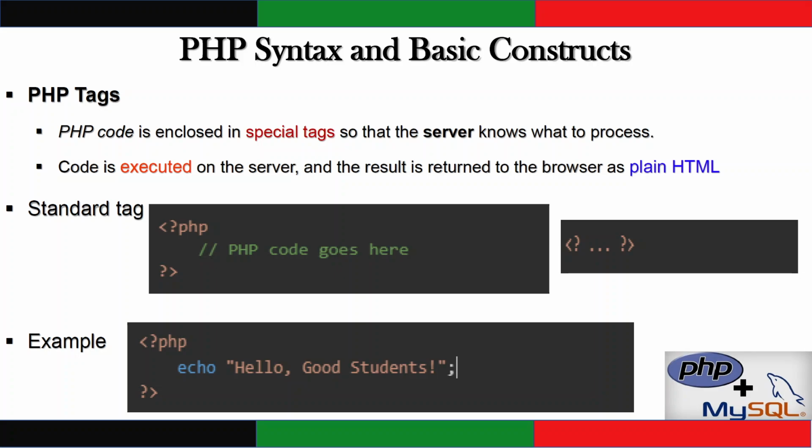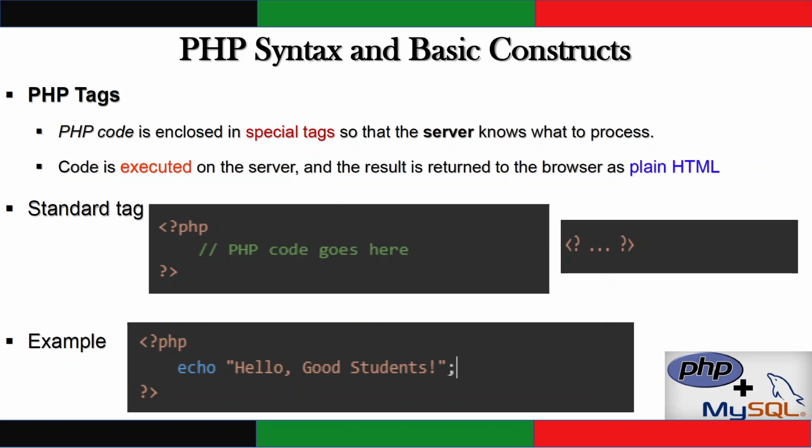So we have two standard tags that we work with in PHP. Actually, there are three, but the third one is just for displaying our content or output, if we don't want to print or echo something. To write your tag, you put the left angle bracket, then the question mark, and then the word PHP.